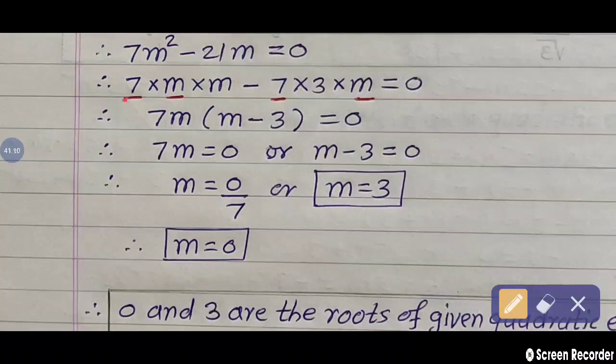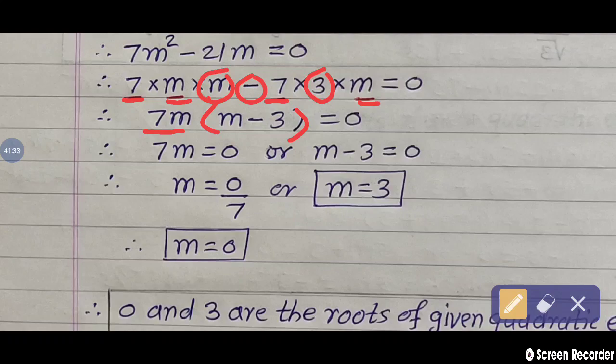So 7 is common and one single variable m is common. So 7m is a common factor. What is the remaining bracket? Tell me. m minus 3. Is it right? Yes. 7m, this is the first factor, or m minus 3 is the second factor, equal to 0.